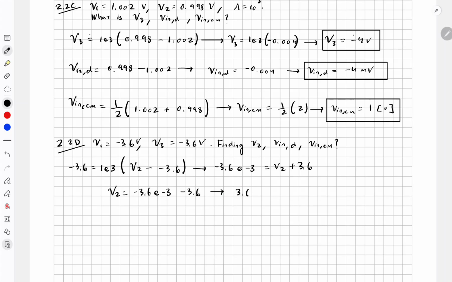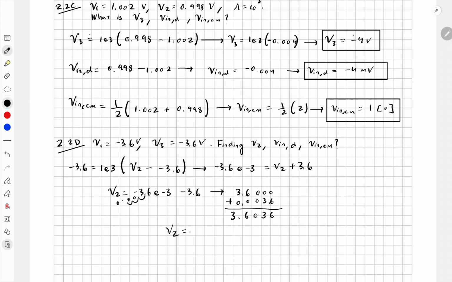It's 3.6 plus, this is just finding the magnitude first, 0.0036.